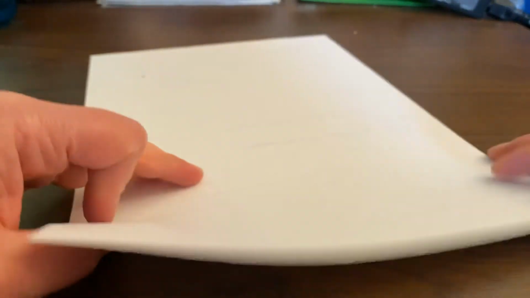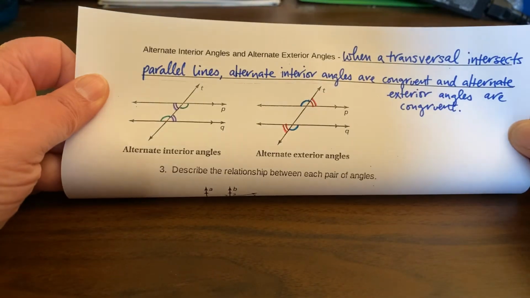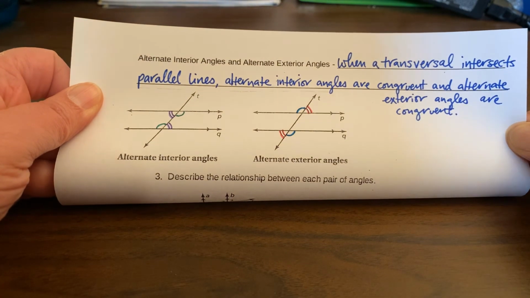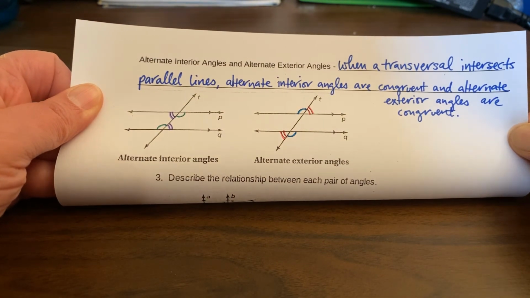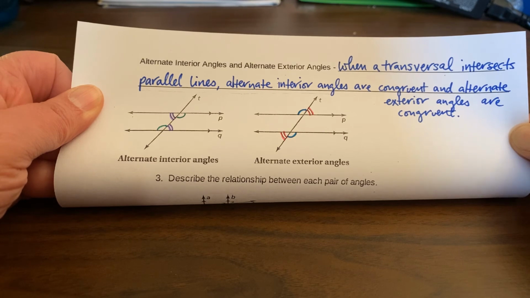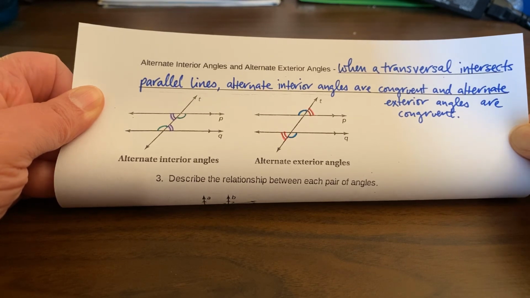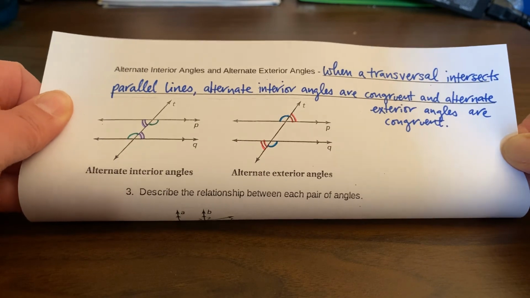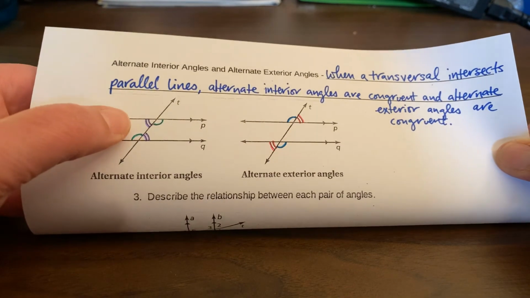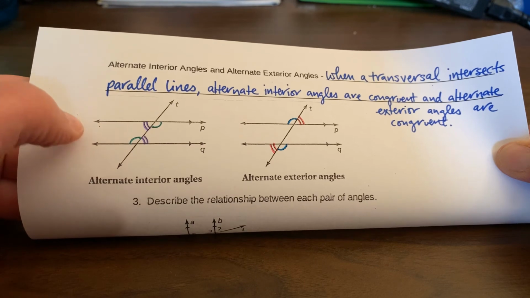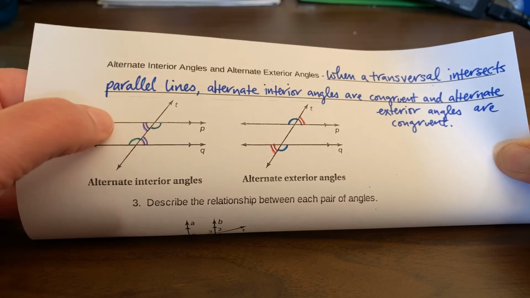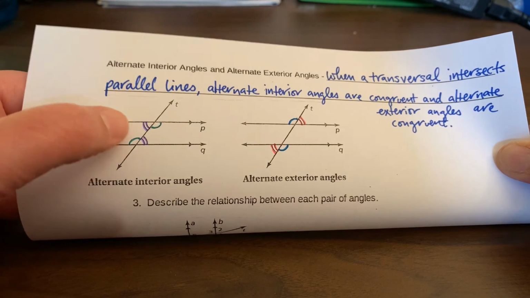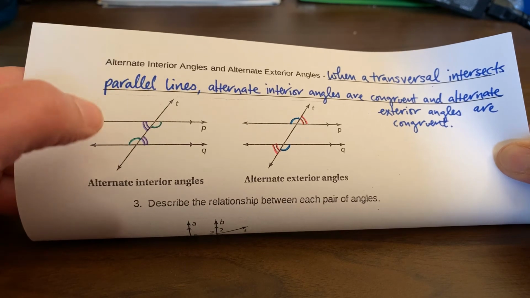All right, we have a few more definitions and examples here. When a transversal intersects parallel lines, the alternate interior angles are congruent and the alternate exterior angles are congruent. Well, what does that mean? Alternate interior angles are inside the two parallel lines, okay, on opposite sides of the transversal.